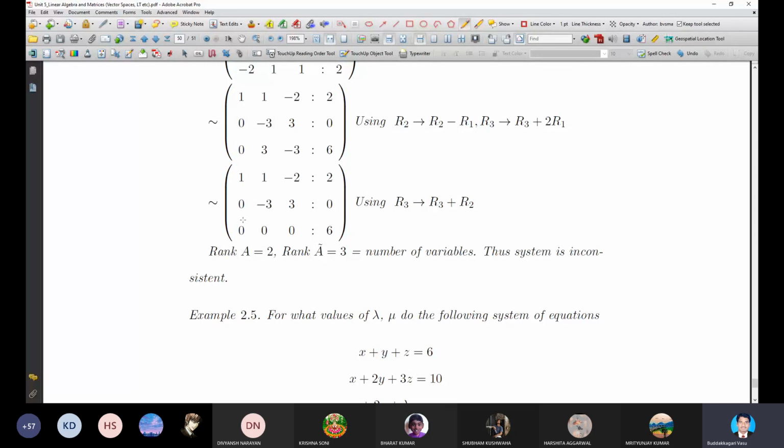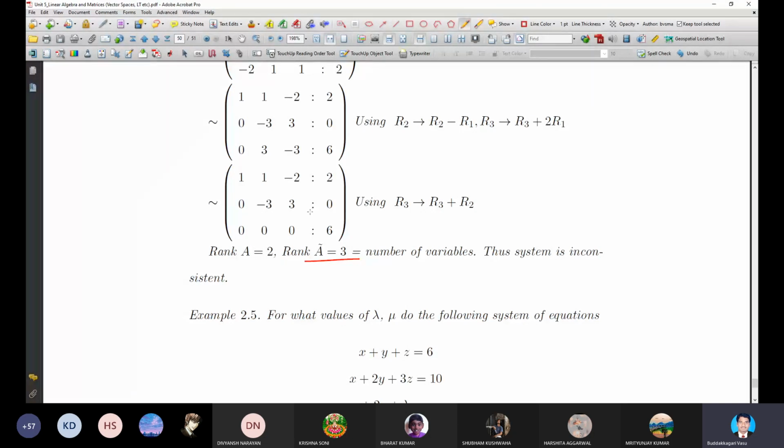Whereas for the coefficient matrix A, how many non-zero rows are there in the A part? 2 only. So the rank of A is 2. Hence the rank of A is not equal to the rank of AB, so the system is inconsistent. It does not have a solution.